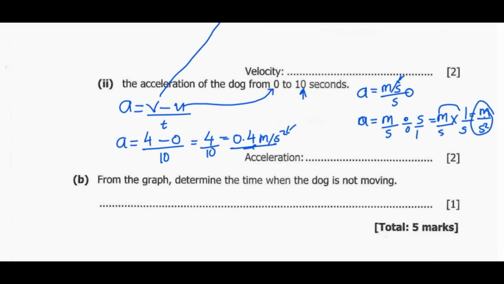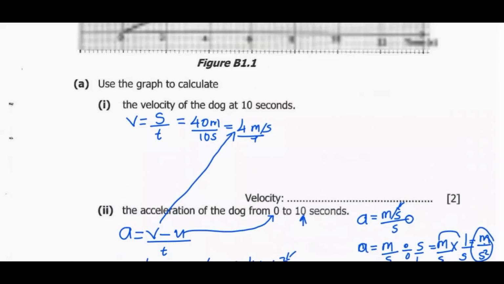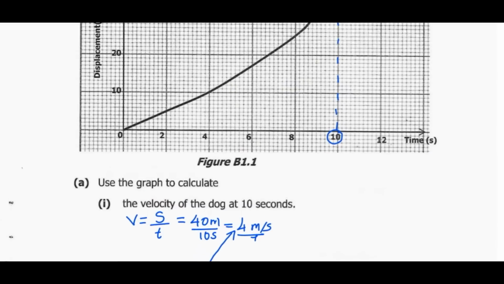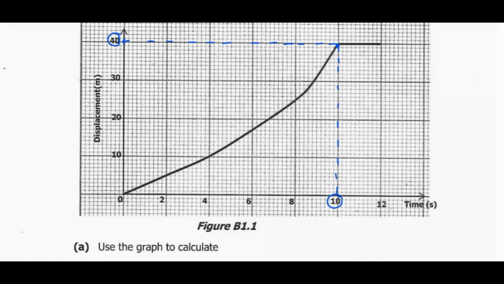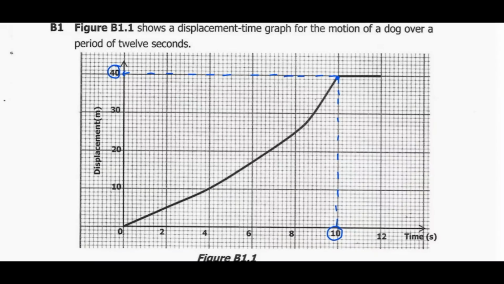Then from the graph, determine the time when the dog is not moving. So how do we tell from a given velocity-time graph that an object is not moving? You need to look at the line which is parallel to the x-axis. So here we are looking at where the object or animal has stopped moving.